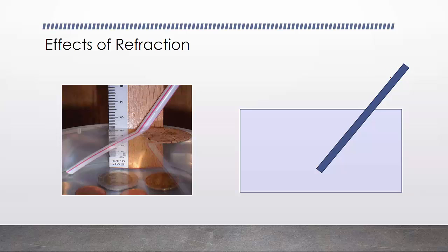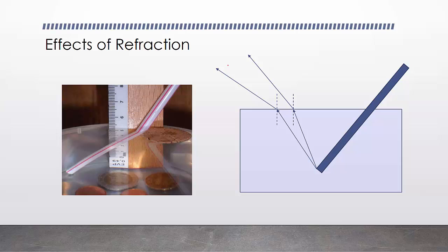So what happens over here? If you have this straw and you draw the light ray that's coming out, since it's coming from the water into air, the light ray will be going from slow to fast. It would refract away from the normal. So this is what happened. You draw a second light ray, same thing, it refracts away from the normal.